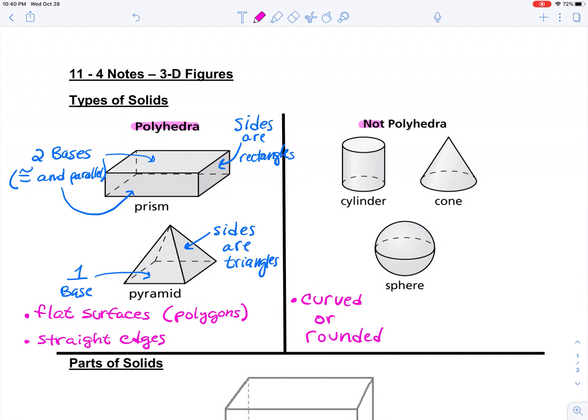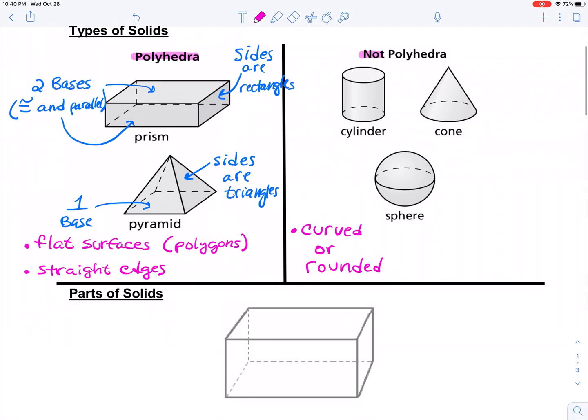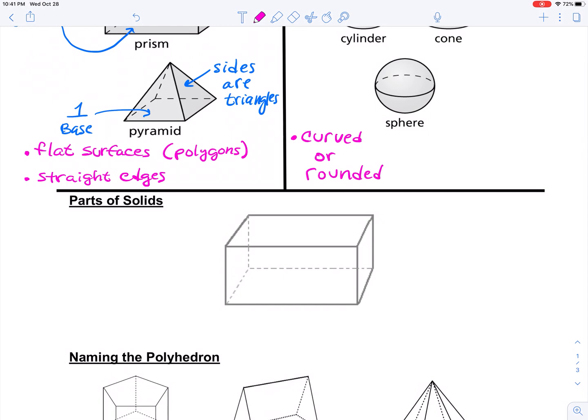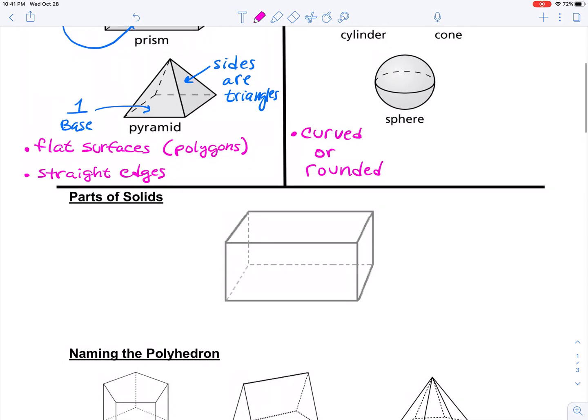Okay, so let's discuss the parts of our solids. Starting with coloring in the top and the bottom to show you the base so you can see a little bit better. Sometimes it helps if you shade in the base. And since I have two bases, I will shade in both.